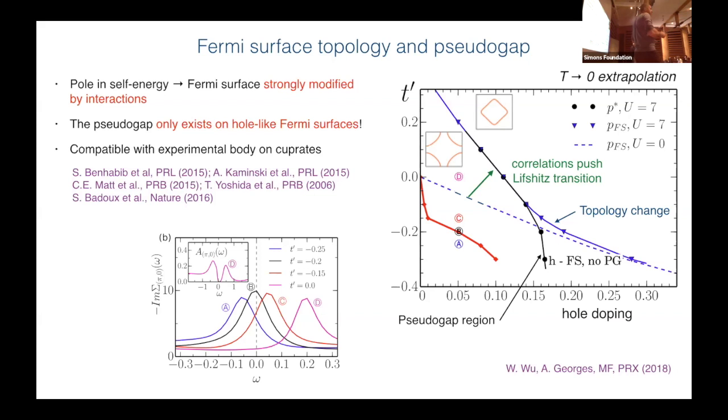Which means that there's no Van Hove nearby. Yeah, being at minus 0.4 on this axis. You see, it is not because you're hole-like that you do have a pseudogap. It goes the other way around. You never see a pseudogap on an electron-like Fermi surface, but it doesn't mean that you always see one on a hole-like Fermi surface. So, for example, if you go to those values of T prime here, which are very negative, in this region here, you don't have a pseudogap, right?